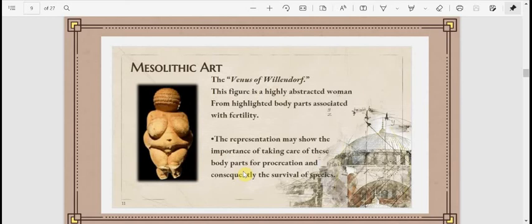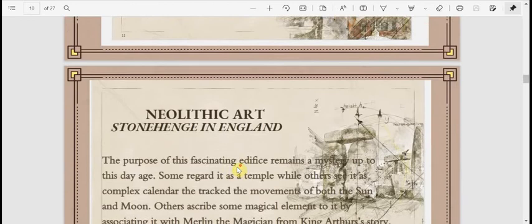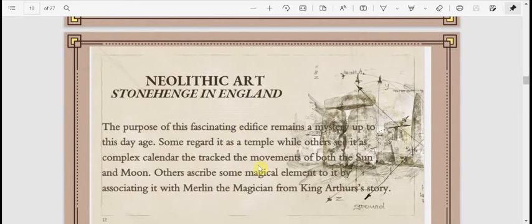So the representation may show the importance of taking care of these body parts for procreation and consequently the survival of the species.